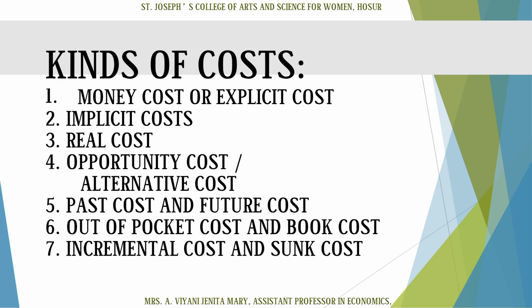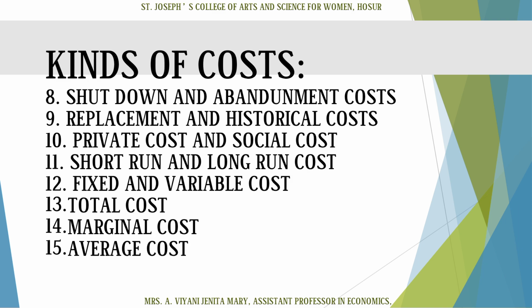Then replacement cost and historical cost. Historical cost is what was originally paid in order to acquire an asset. Replacement cost is the cost of the assets computed at the current prices. Then private cost and social cost.